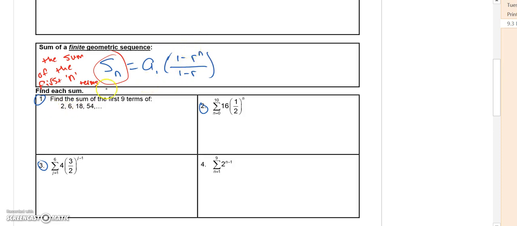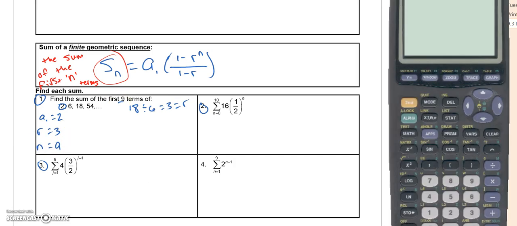So there's 3 things we need, right? We have A1, that's 2. There's my first term. The R value, this one's pretty obvious that we're multiplying by 3, but you can take any term, divide it by the term before it, and that'll give you your R value. So R is 3, and N is 9. Everything's given here, or easy to find.